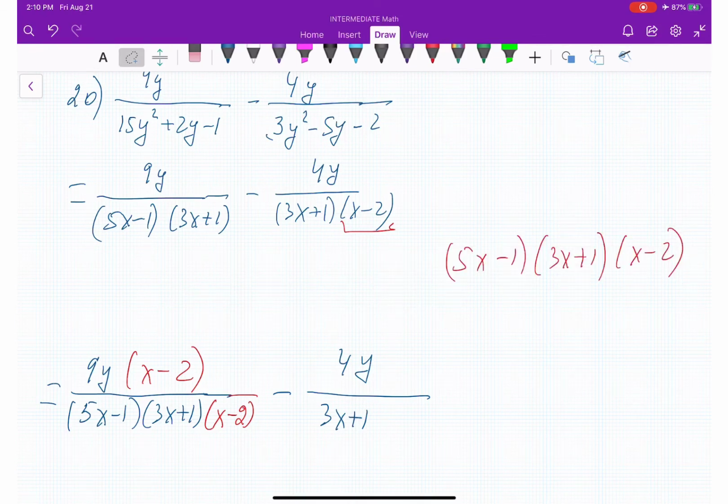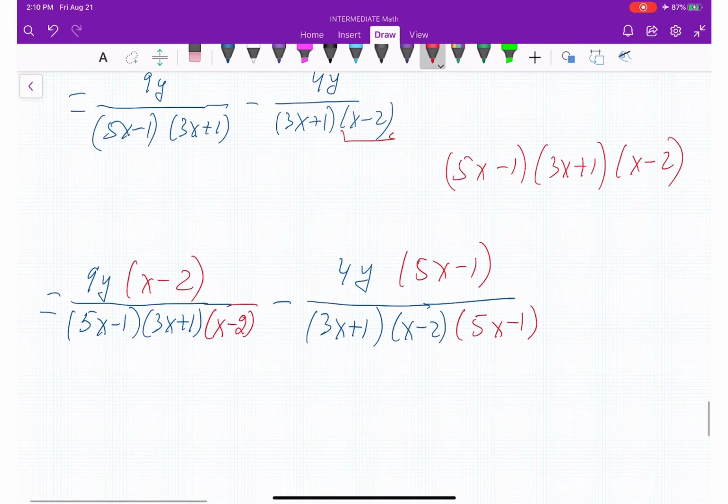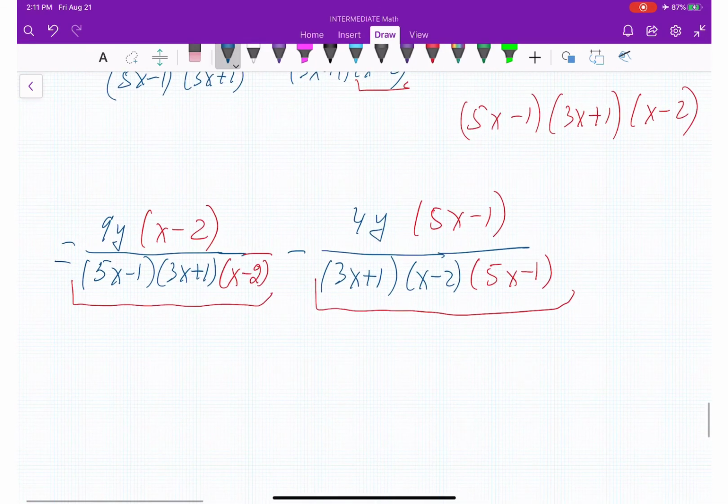So 3x plus 1 and x minus 2. And what is missing here? 5x minus 1. Which means here also 5x minus 1. Okay, so look here. We have 5x minus 1, 3x plus 1, x minus 2, 3x plus 1, x minus 2, 5x minus 1. It's the same. Therefore, I can combine them.